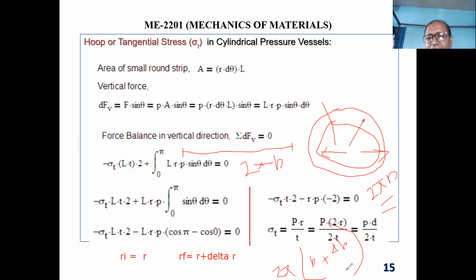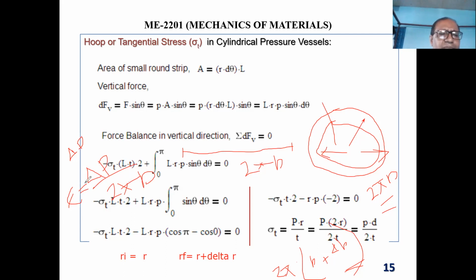If you subtract this value, you get how much the peripheral length increased. So the peripheral length increase is delta P. So what will be the peripheral strain? Strain will be delta P divided by the original length, which is 2 pi r.